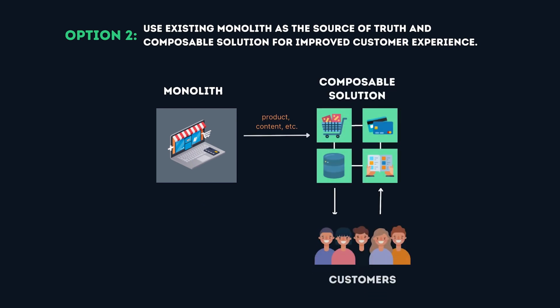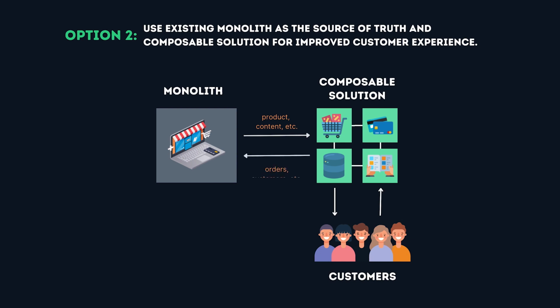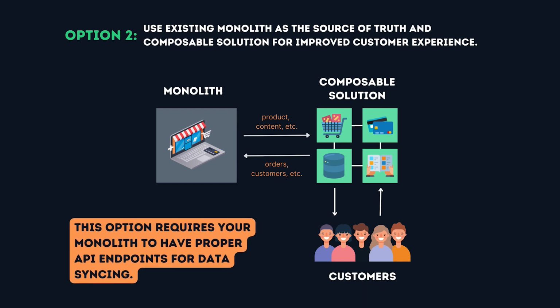The new system can handle customer requests, taking over the burden of traffic, and offering a more performant and intuitive experience. Then it hands the resulting data back to the monolith for any integrations. Employees follow the same workflow and process, while customers receive the new experience, often increasing conversion rate and satisfaction. This method, however, hinges on your monolith having proper API endpoints for data syncing.